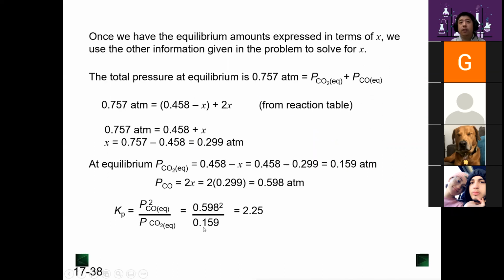Okay. With that said, you should end up with your Kp value right here. Does anyone need time to copy this down? All right. Take some time to copy it down.